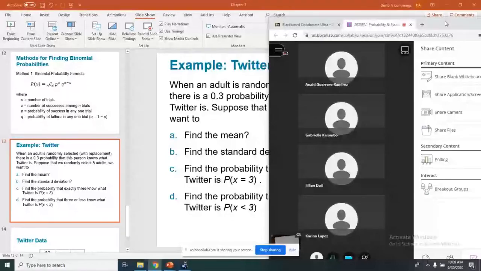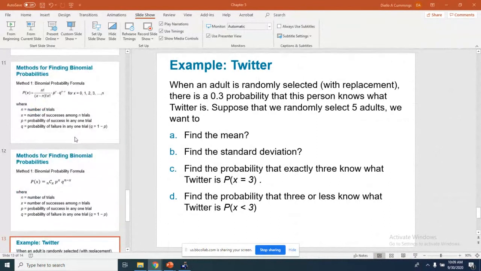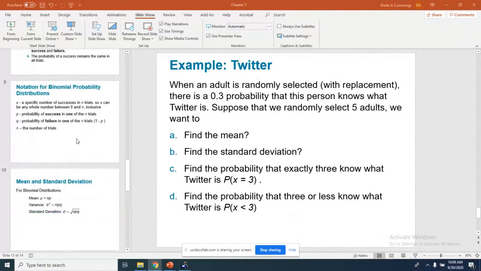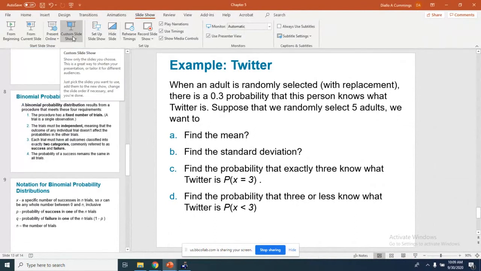All right, so from what we talked about, let's determine if we have a probability distribution. Okay, I apologize. I guess we should do this from this screen. All right, I'm going back to the conditions for a binomial probability distribution, which is here.